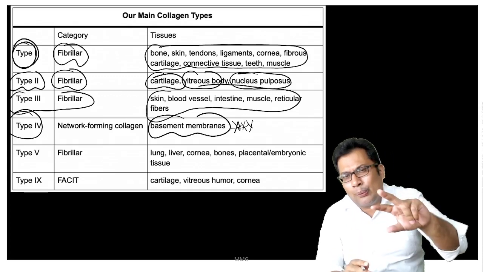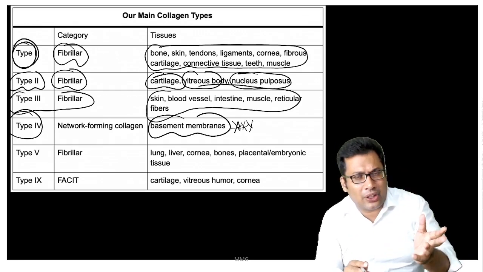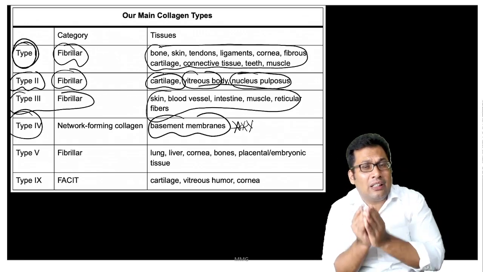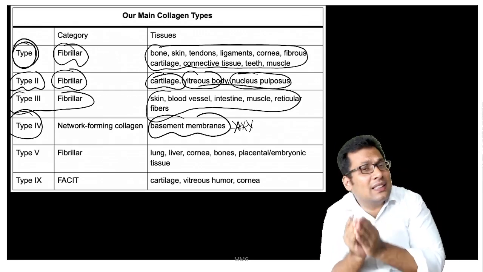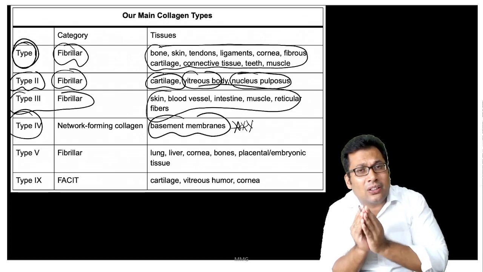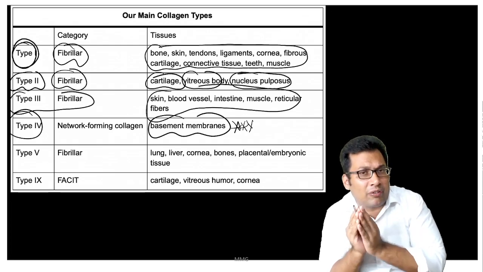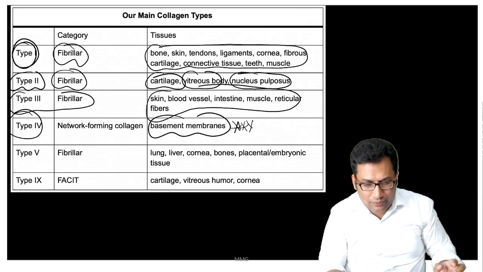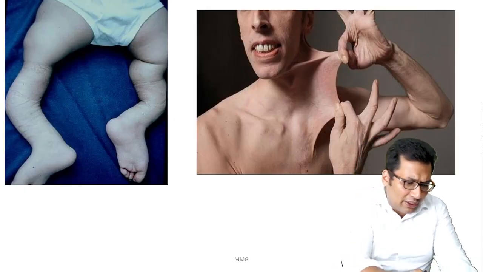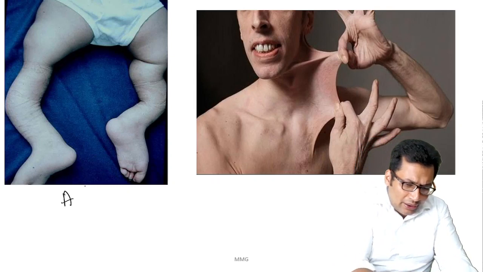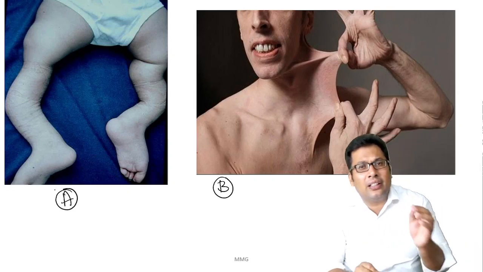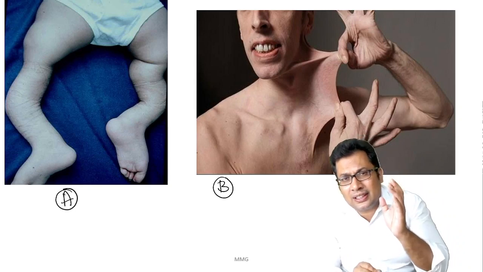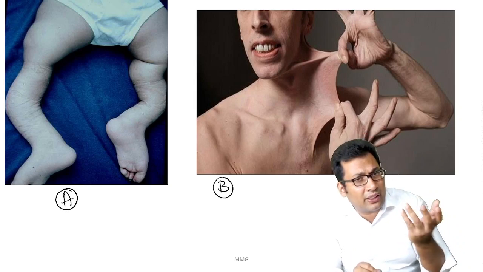Now one or two points about applied biochemistry. What are two conditions in which collagen synthesis is affected? One is osteogenesis imperfecta. The second is Ehlers-Danlos syndrome. Look at this. Can you identify A and B? Picture A is osteogenesis imperfecta because of defective collagen.